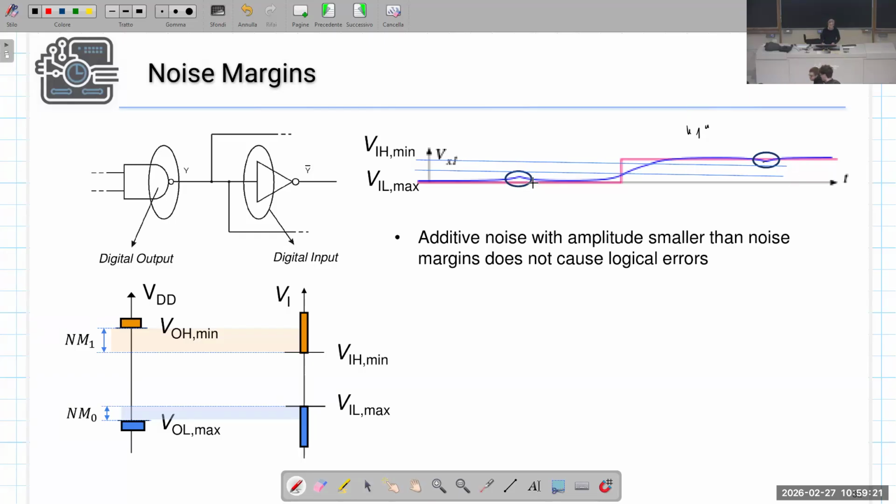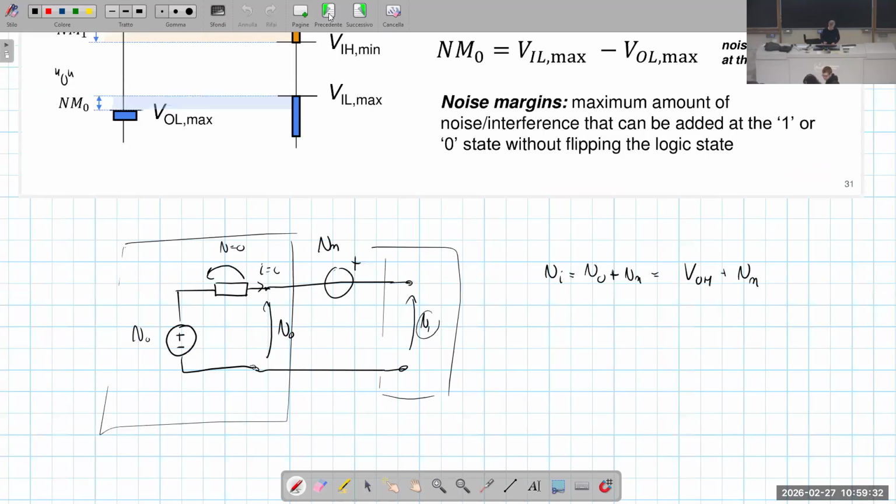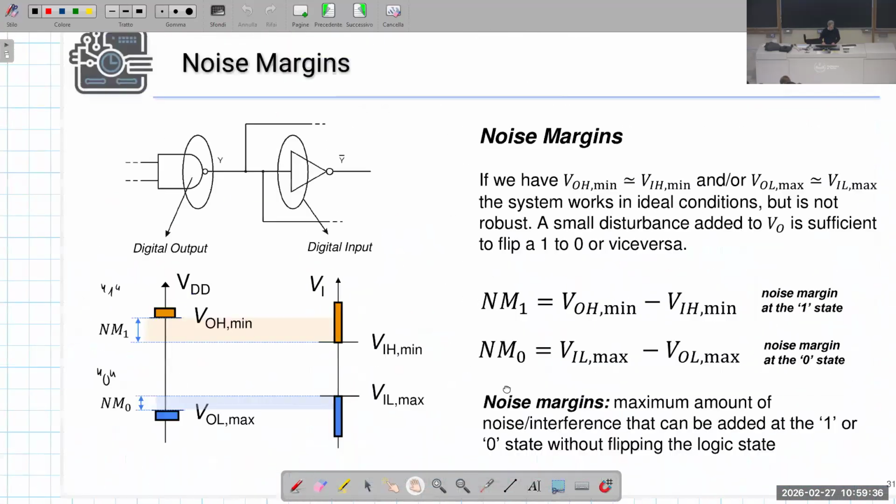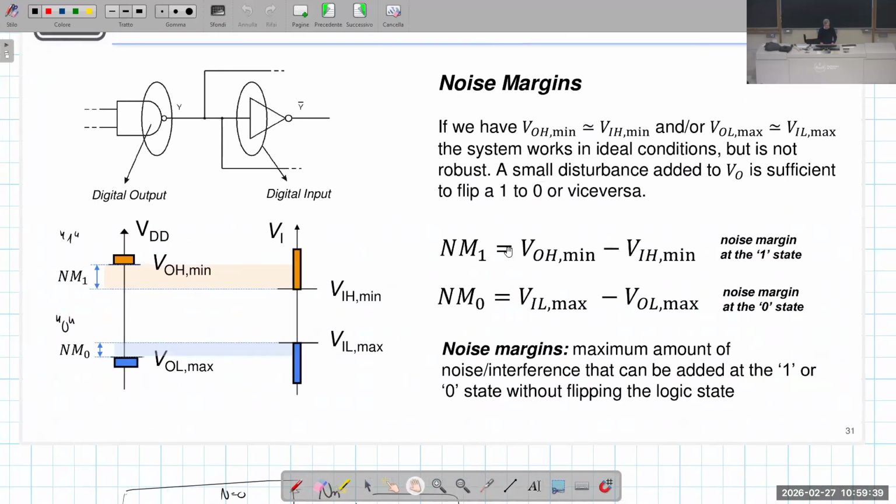The same at the low logic level if the amplitude of the noise is less than the noise margin at the low level. So these two differences, which are called noise margins at the high and the low level, represent the degree of immunity, the degree of regeneration in the presence of noise that is provided by the logic gates.